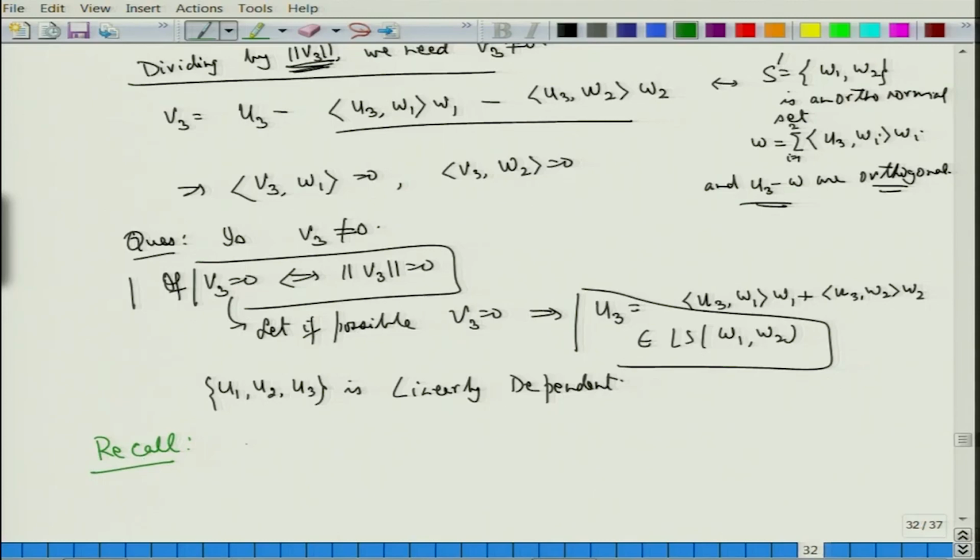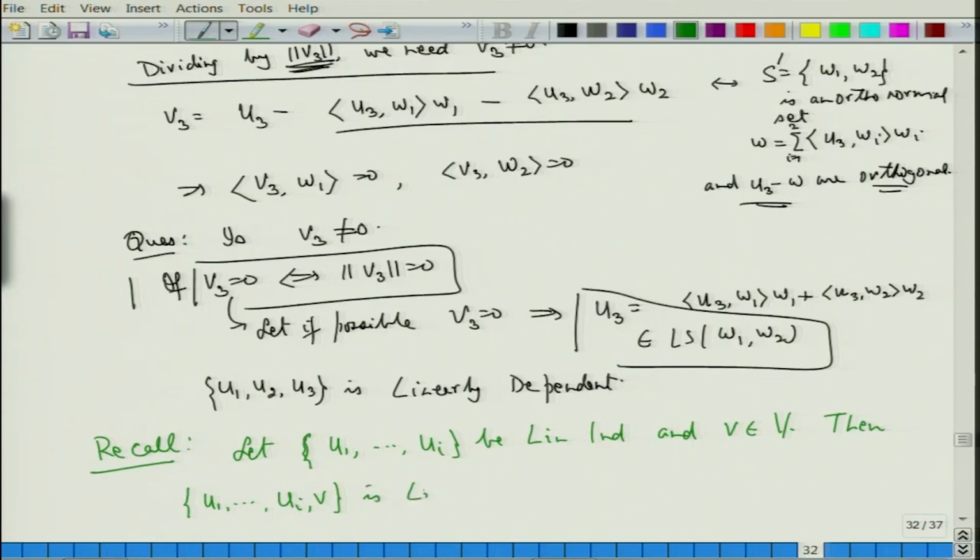Recall. Let u1 to ui be linearly independent and v belong to V. Then u1 to ui, v is linearly independent if and only if v does not belong to LS of S, or which we say that v belongs to V minus LS of u1 to ui.